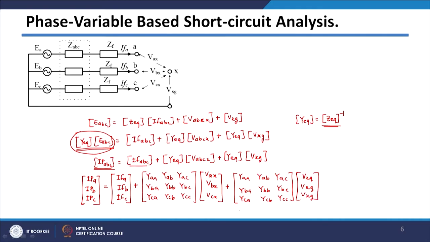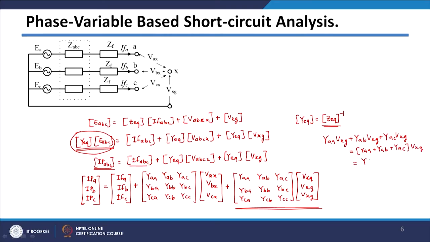Now, you can see that in this part of the equation, YAA, YAB and YAC are getting multiplied with the same term, VXG. So this term is YAA into VXG plus YAB into VXG plus YAC into VXG. Here I can take VXG common, and it will be YAA plus YAB plus YAC multiplied by VXG.